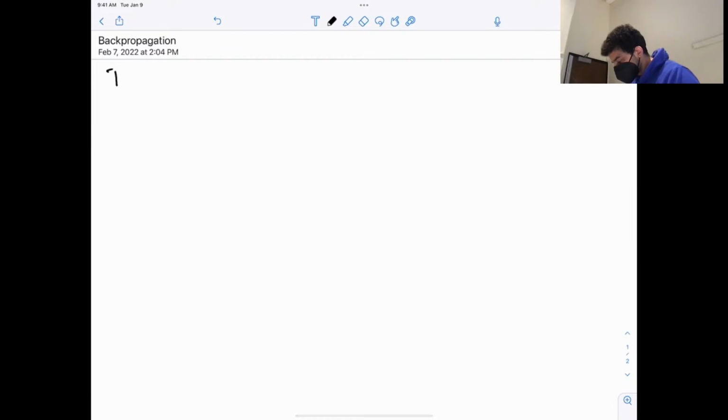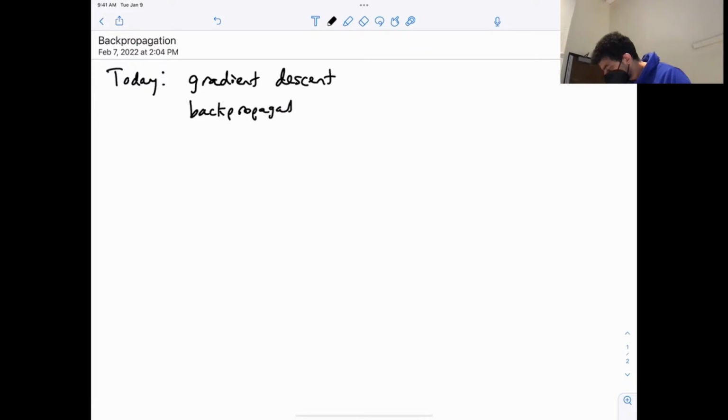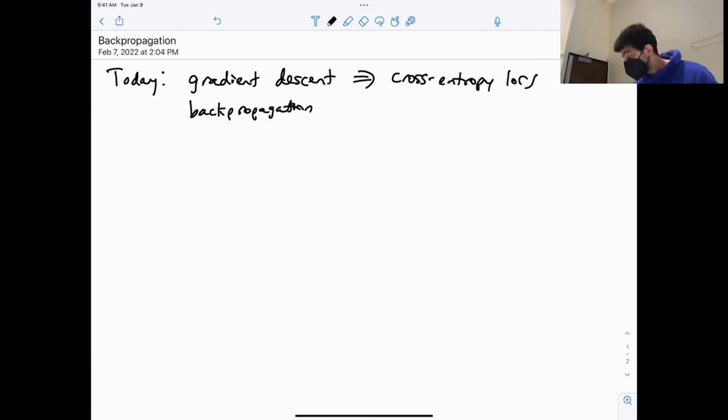All right, so today we're going to be talking about two main algorithms that are related to each other. So we're going to talk about gradient descent, and we will talk about backpropagation. And in doing so, we'll also touch on a couple of different important concepts, including the cross-entropy loss, which is what we're going to be using for language modeling.